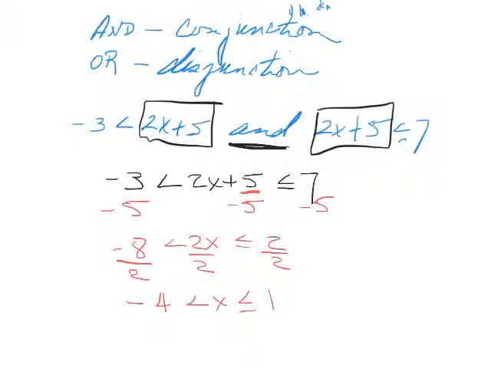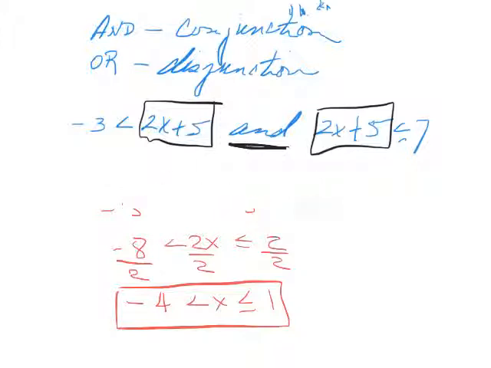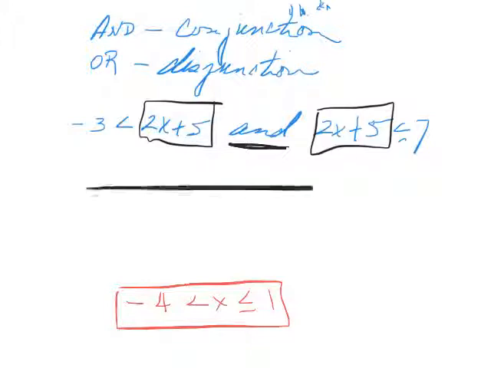So we know that our number for x falls between 1 and negative 4. When we do this on the number line, we can put -4 here, we can put 1 here, and we can show that it includes 1 and does not include -4, and it's all the points in between there.